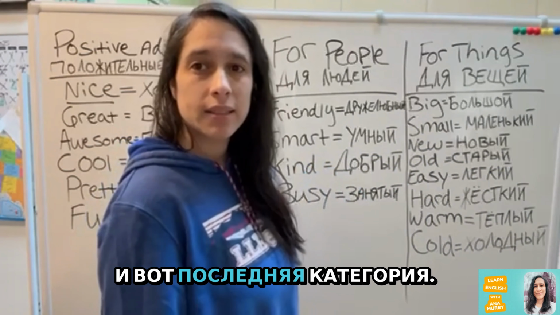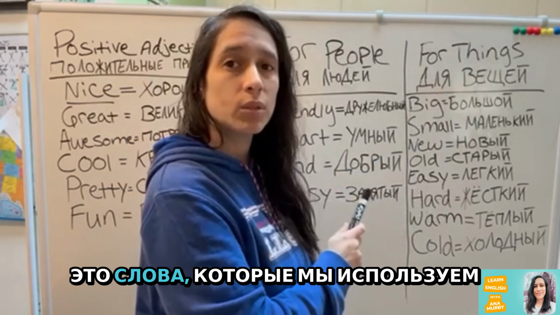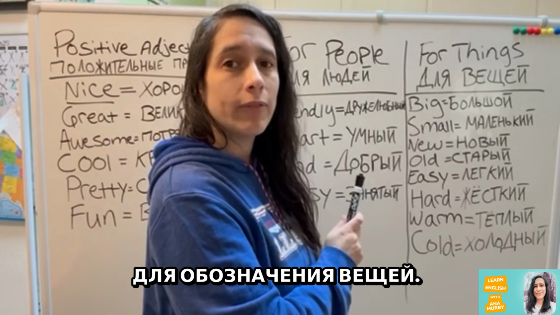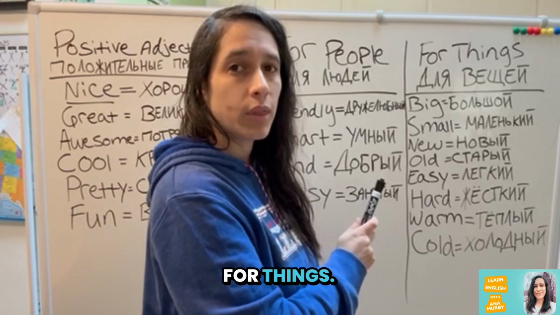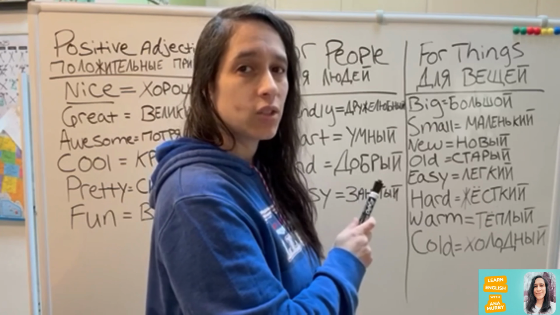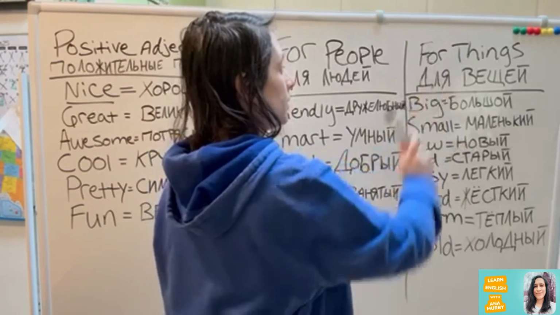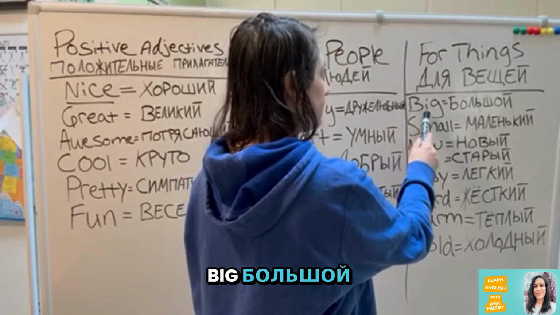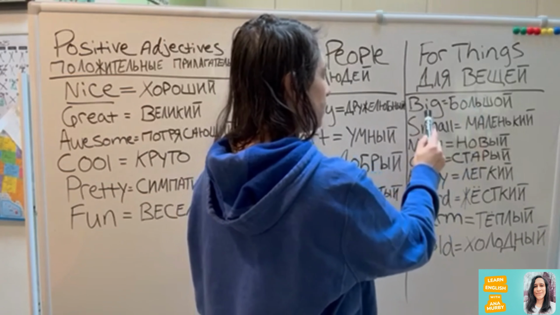And here's the last category. These are the words we use for things. Для вещей, for things. Big, большой.